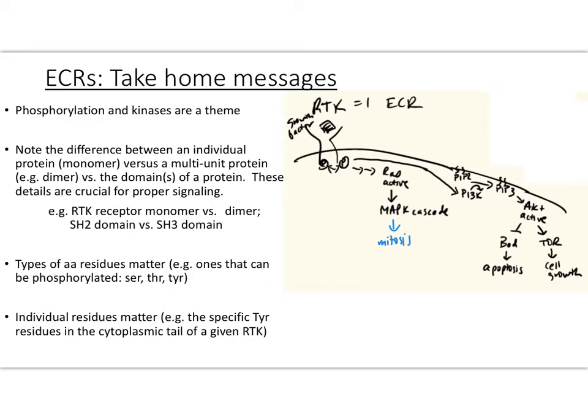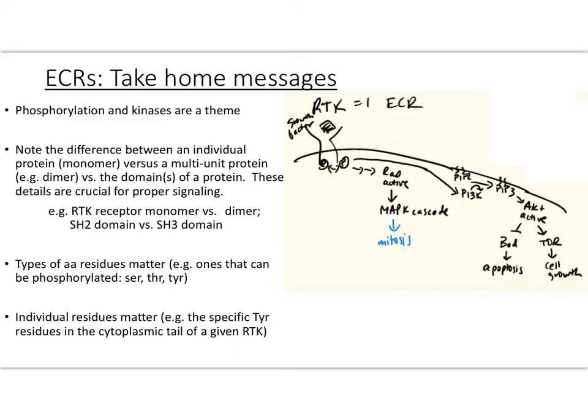This extends to other enzymes, for example, PI3K, which is a kinase, and the phosphate groups which are present on PIP2 and PIP3. Also, AKT is a kinase, and therefore is going to phosphorylate or not BAD. And let's not forget about the MAP kinase cascade, which obviously has kinases. So that's probably the biggest theme for the receptor tyrosine kinases.